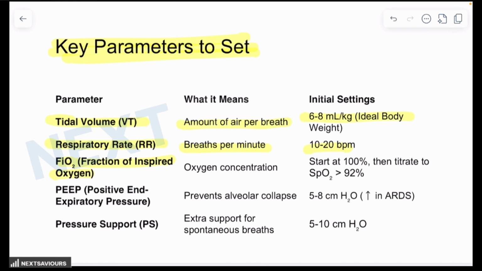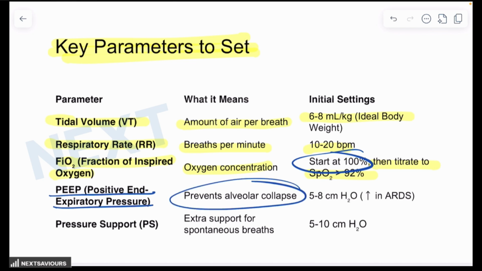The fractional oxygen concentration: obviously you have to start at 100% and then titrate to the level where the SpO2 comes out to be 92, but it has to be reduced very frequently in order to prevent lung injury because of over oxygenation. Now positive end expiratory pressure, which prevents alveolar collapse, as we have already talked about, is kept around 5 to 8.